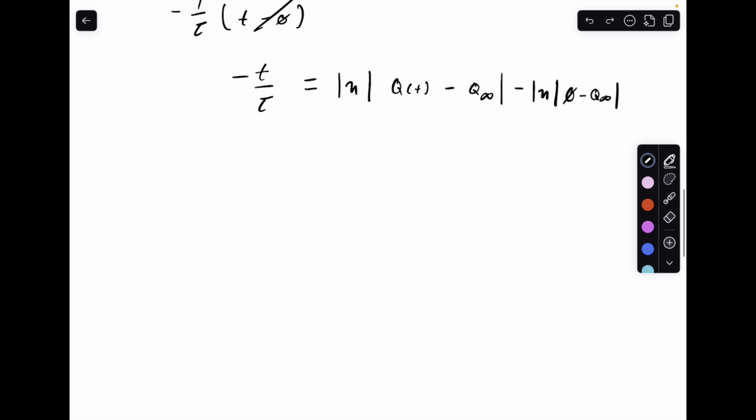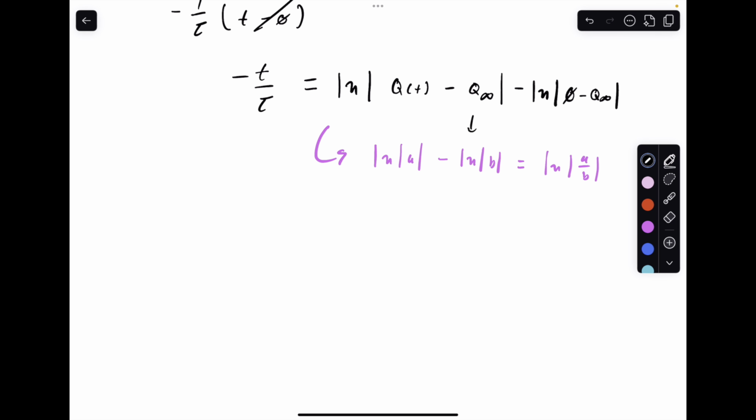And now I'm going to use my rule of logs on this right-hand side to combine these two natural logs into one log. And that rule of logs, I'm going to write in a different color, is ln a minus ln b is equal to ln of a divided by b, right?